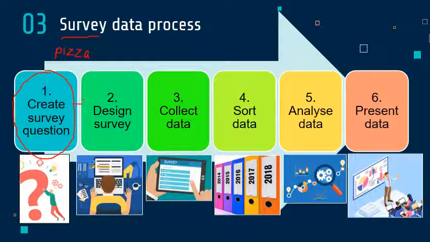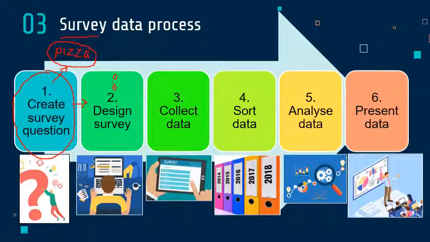Then you want to design the survey. So this is where you're thinking, okay, well, now I've got my main research question, what I want to find out about people's preferred pizza toppings. Now I need to design the survey. So this is the actual questions that are in the survey that people answer. Now you think, well, do I want them to be multiple choice answers?